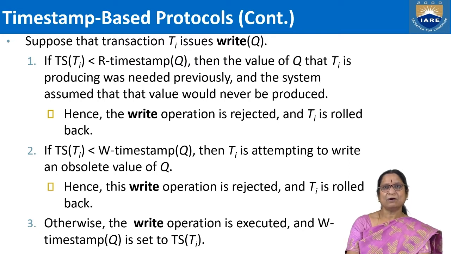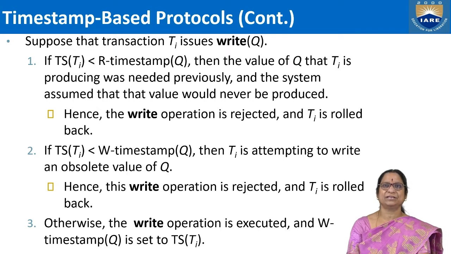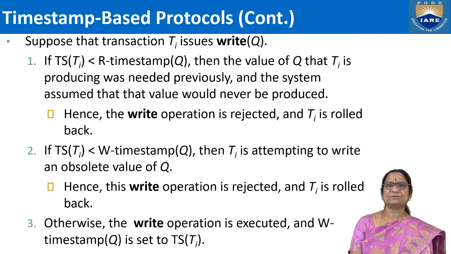Already read by some other transaction means we cannot update it. So the value of Q that TI is producing was needed previously, and the system assumed that the value would never be produced. That is, the write cannot be done. Hence, the write operation is rejected.